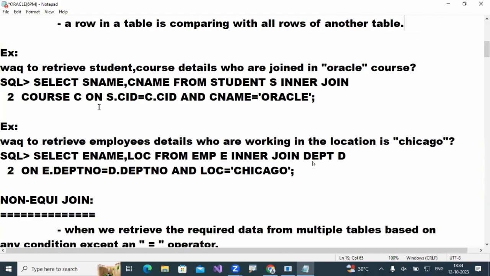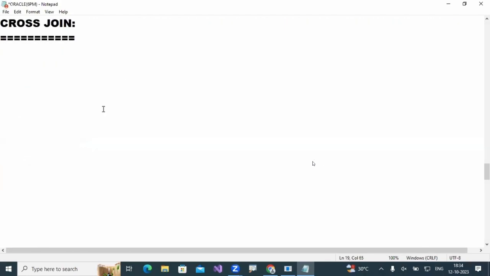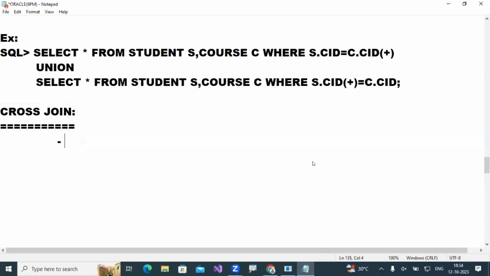Okay, right. So now we can see some definitions and practical. Write down: joining tables without any condition.